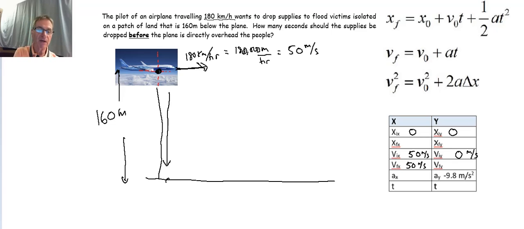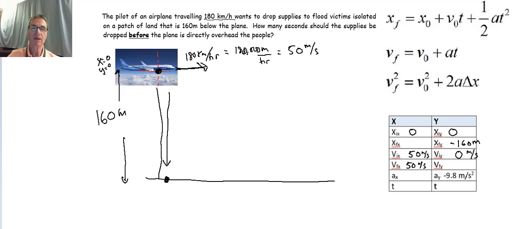And so when it finally hits the ground at some point, the final position in the y direction is going to be negative 160 meters. Okay, because that's simply the way we've decided to do our coordinate system. This is 0, 0 up here, right? X equals 0 and y equals 0 up here. And so below that, we're going to be in the negative y domain.